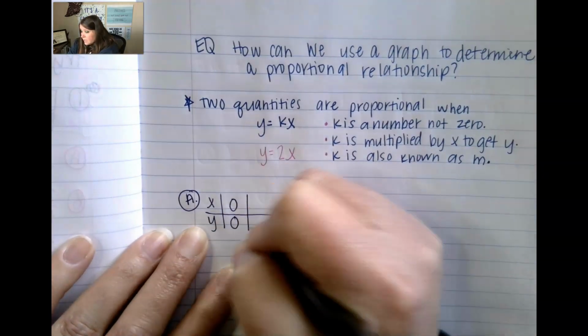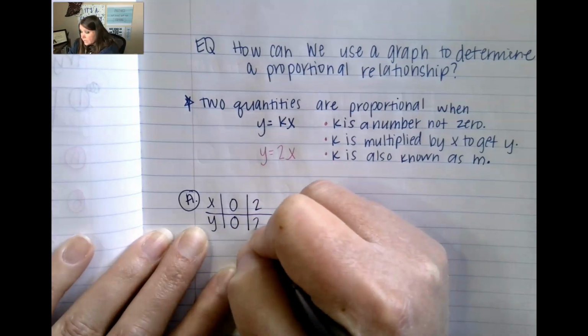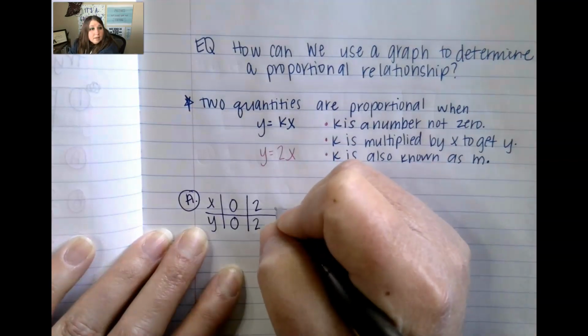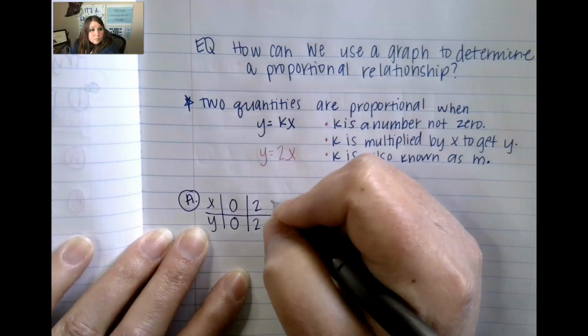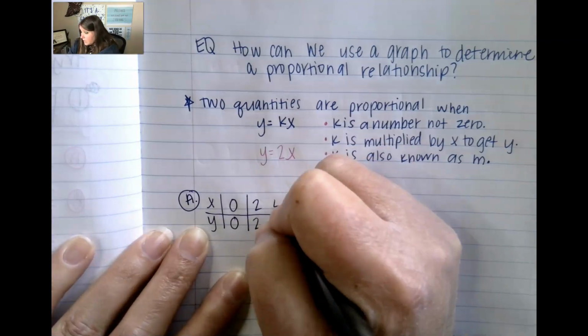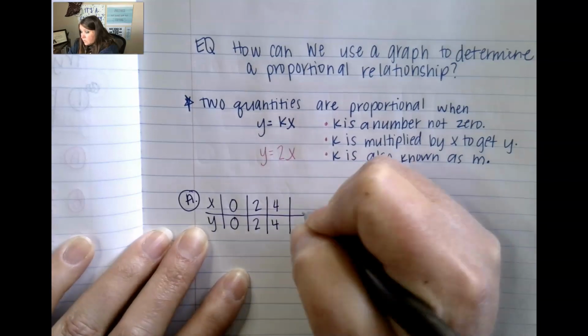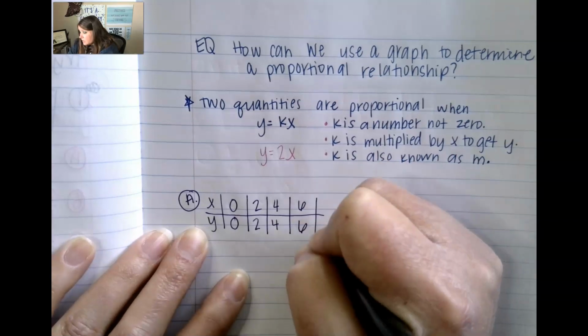It also says that when x is 2, y is 2. When x is 4, y is 4. And then last but not least, it says 6, then 6.